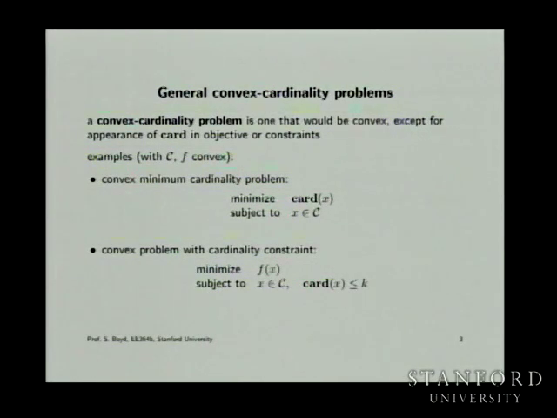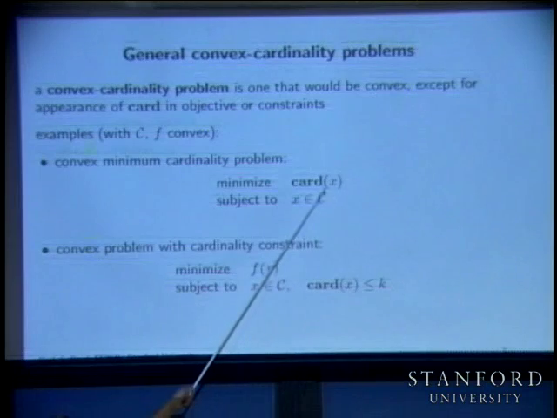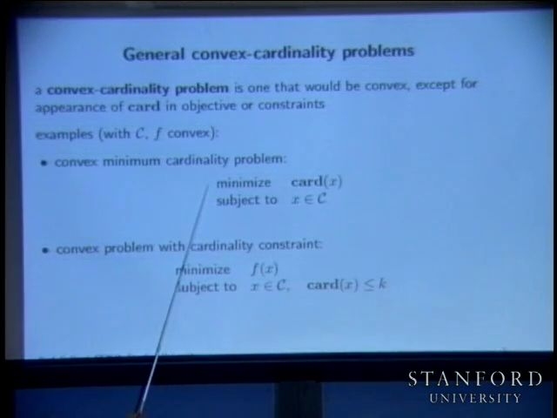For example, C could be the set of coefficient vectors that explain your data within some reasonable level of confidence. So this says, find me the simplest description, explanation, the simplest model. That would be like Occam's razor or something like that.